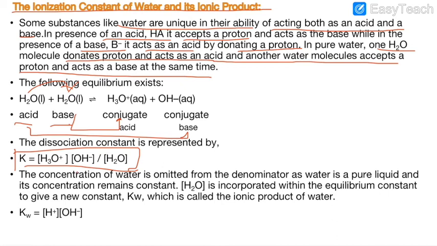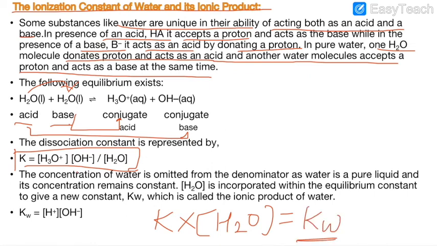As we know that the concentration of water is approximately constant, therefore when we multiply K with the concentration of H2O, we will obtain a new constant, that is Kw, and the formula will be Kw is equal to concentration of H plus ion multiplied by concentration of OH minus.